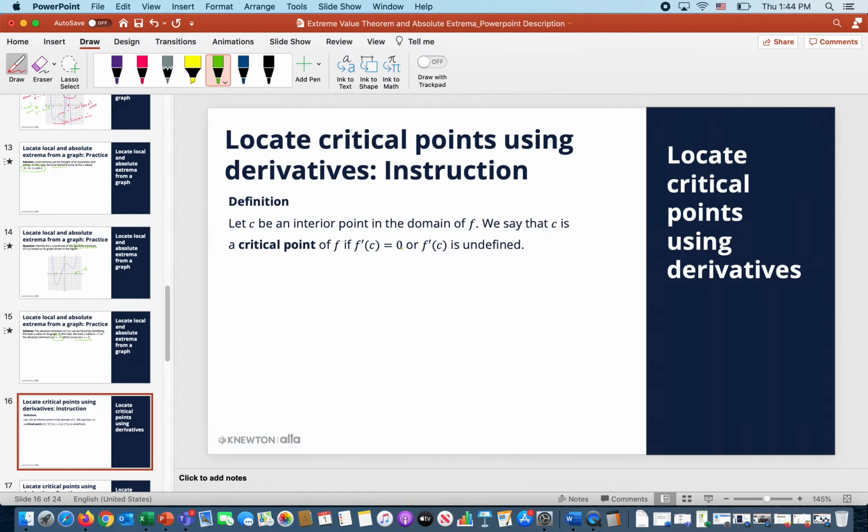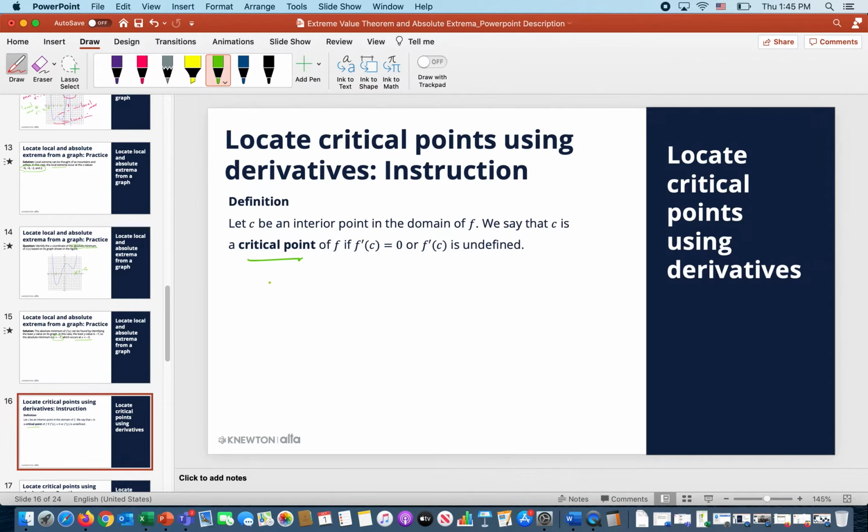So here's where we start to shift the gears, going from looking at a graph to now looking at the equation, okay? Let C be an interior point in the domain of F. In other words, we have some value that is in the domain of whatever our function is. C is a critical point if F prime of C is 0 or if F prime of C is undefined.